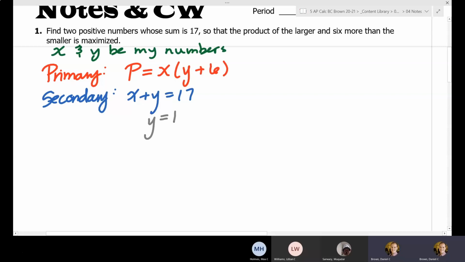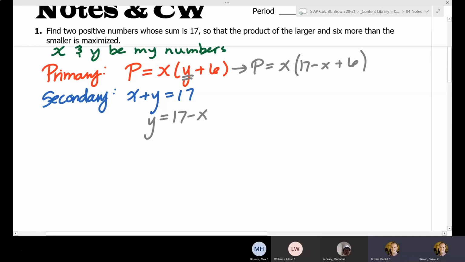So I can see that Y is equal to 17 minus X. And so now I can plug in Y is equal to that. I could have easily solved for X and plugged in what X was equal to. But my new primary equation is that the product is equal to X times my Y value, which was 17 minus X, and then plus 6.